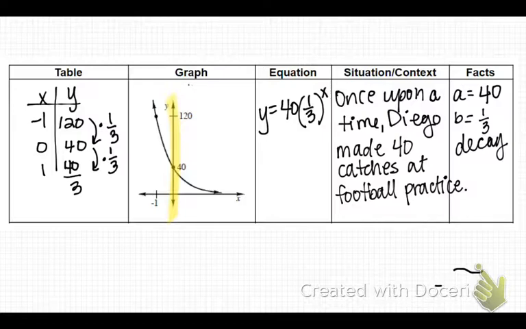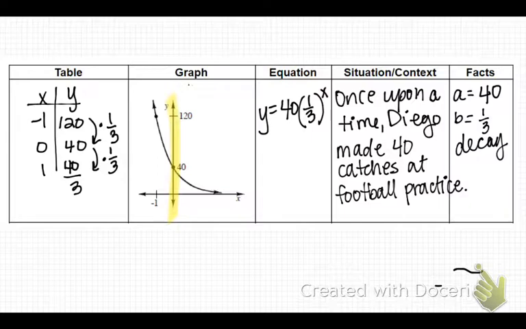So here is another 1/3 that I lost, and another 1/3 that I lost for a total of 2/3, okay? So when you're working with decay, you are always going to subtract from 1. So 1, which is the whole, 1 minus 1/3 is 2/3. Does that make sense?